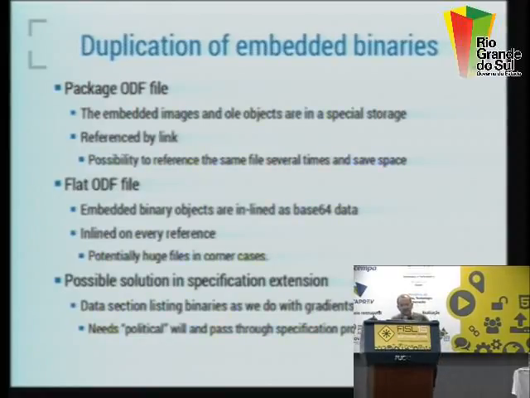So there exists the possibility that if you repeat certain pictures several times, you have it in the file only once and refer to it twice, 3 times, 4 times.